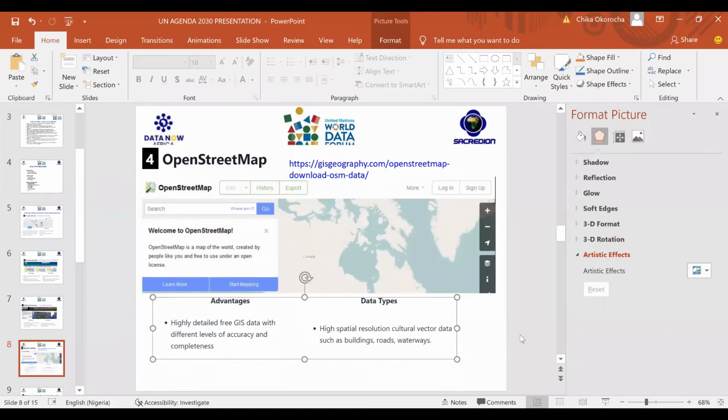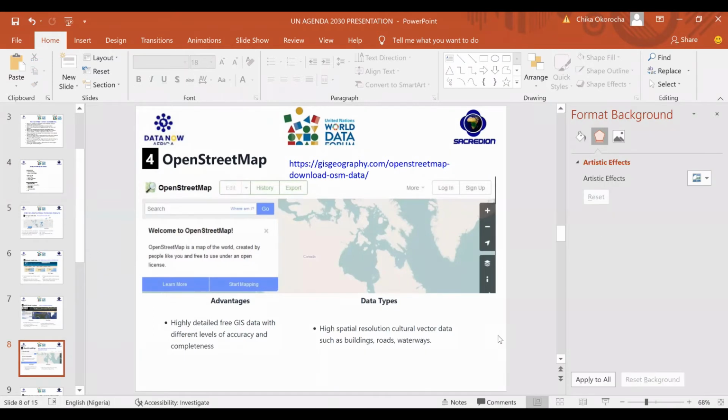Now, from OpenStreetMap, you can get high spatial resolution cultural vector data, such as building footprints and street maps. It's an open waterways. From this platform alone, you can access global waterways all over the world. And accessing this data, you can begin to carry out various analysis.